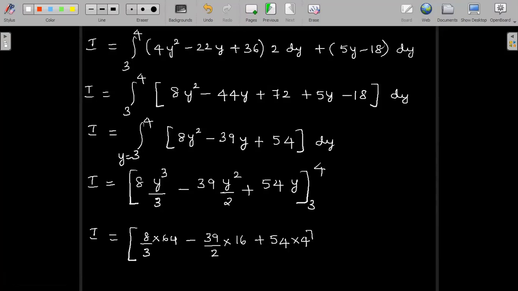This is the application of the upper limit minus the lower limit. So 8 by 3 into 3 cube, 3 cube is 27, minus 39 by 2 into 3 square is 9, plus 54 into 3.